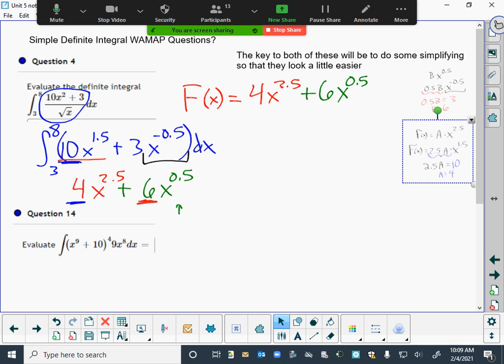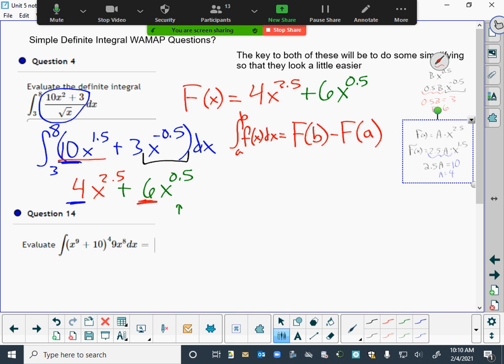So that is my capital F of x, and the thing that we're using here, remember, said that this definite integral from a to b of f of x dx was going to be equal to capital F of b minus capital F of a, where capital F is an antiderivative of lowercase f.